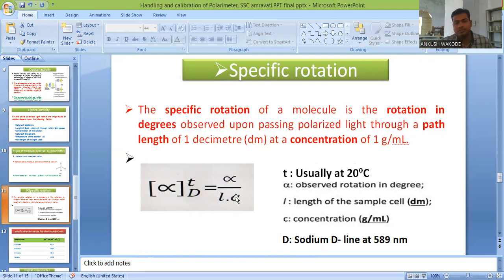The small t indicates the temperature, usually 20 degrees. Alpha is the observed rotation in degrees. Small l indicates the length of the sample tube in decimeters. Small c represents the concentration of the sample in gram per ml, and capital D represents the sodium D line, which is the wavelength of sodium at 589 nanometers, taken for this polarimetry.